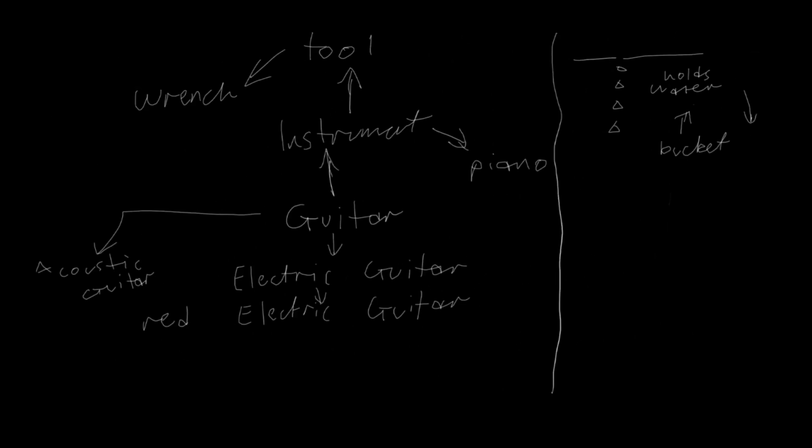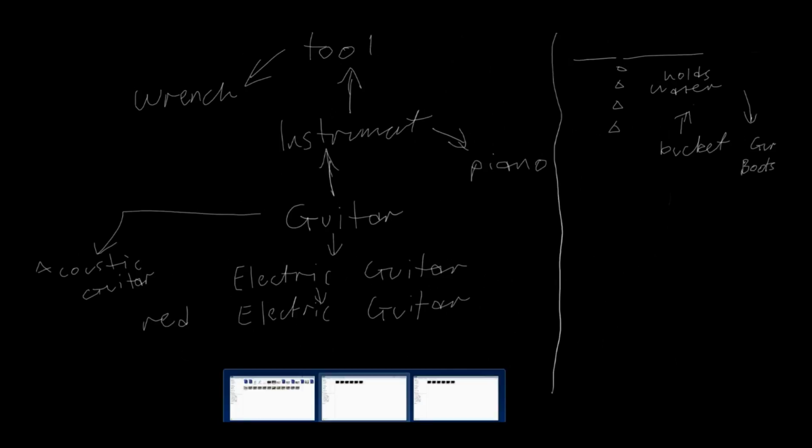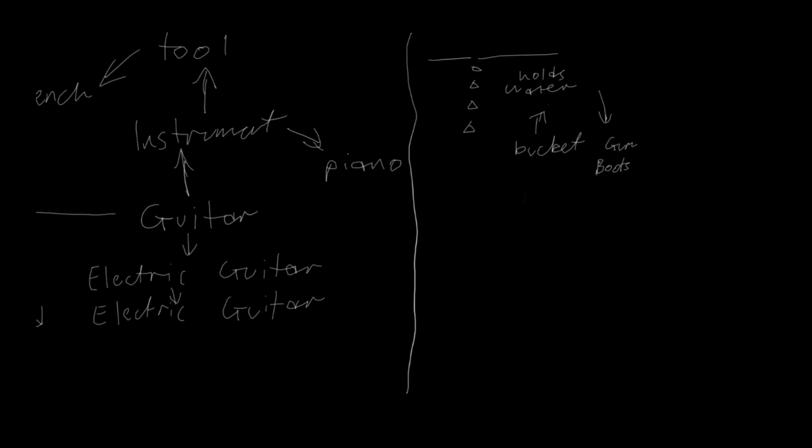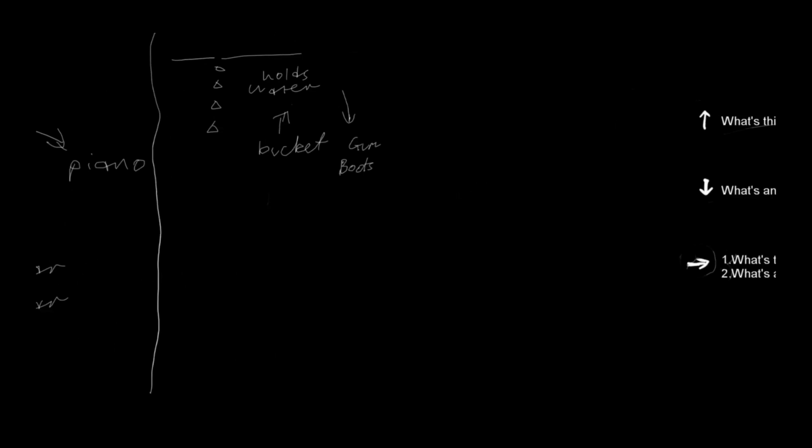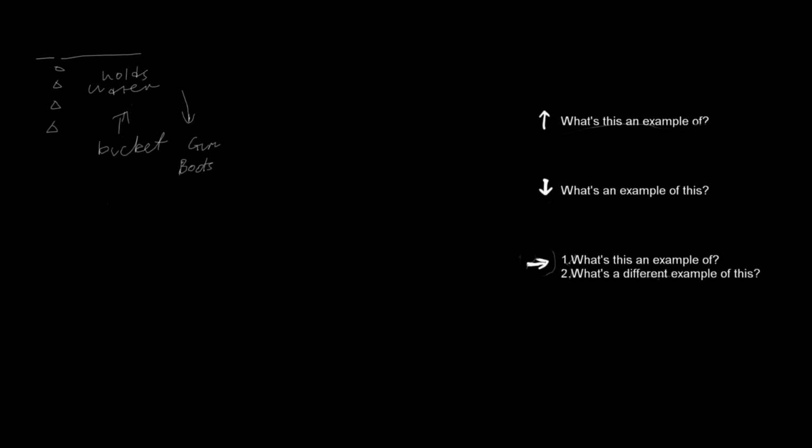I don't have any pots, whatever, I don't have anything. Maybe I've got some cups, but they're just not big enough. And for some reason, I realize I have gumboots, which normally go on feet and are used to keep water out, but they also can hold water in.